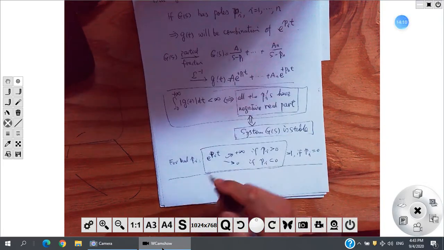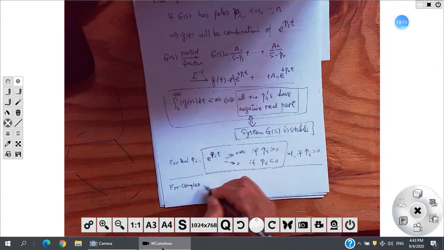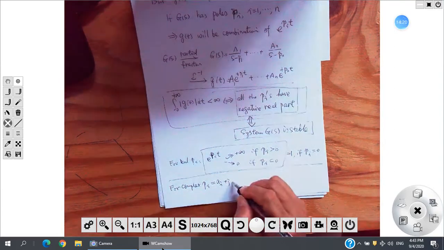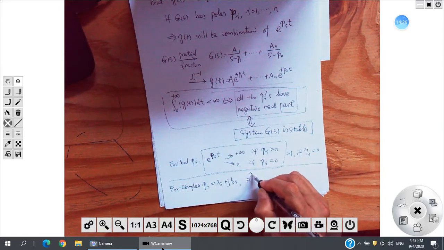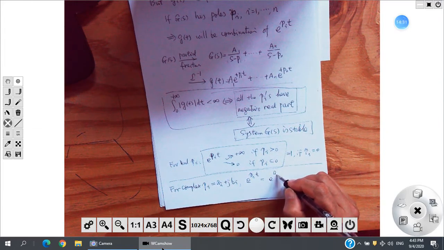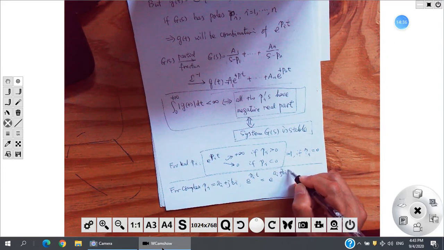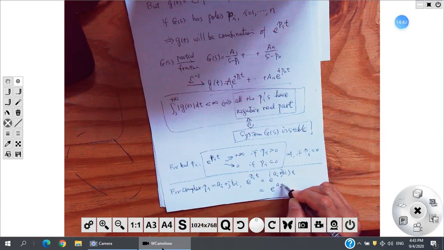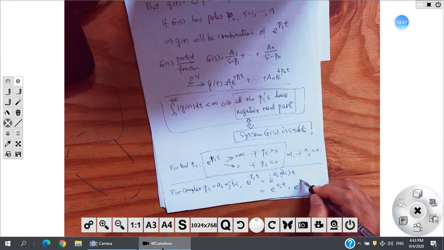For complex p_i, I say it has a real part a_i plus j times imaginary part b_i. Then e to the p_i t equals e to the (a_i plus j b_i) t. So this is e to the a_i t times e to the j b_i t.